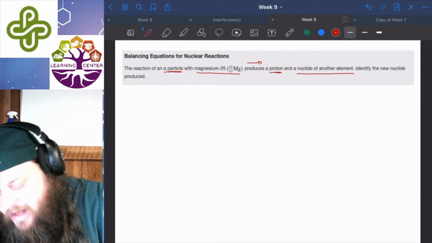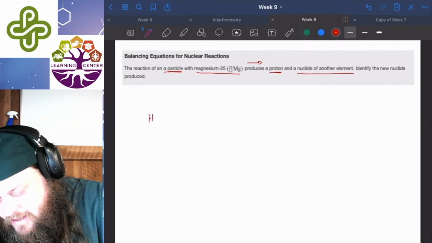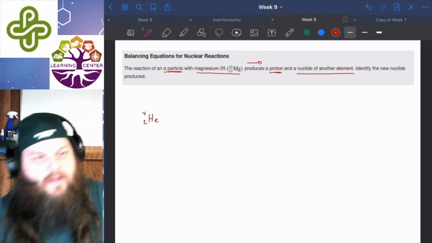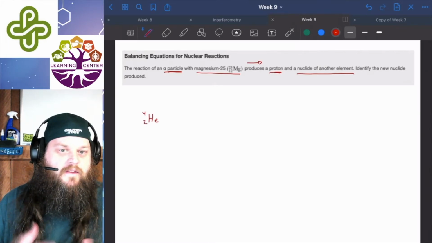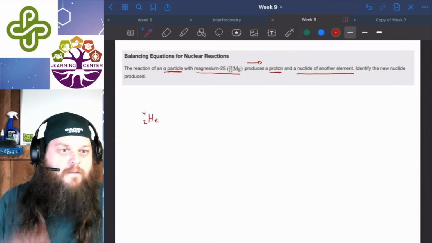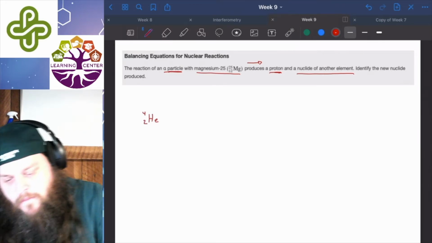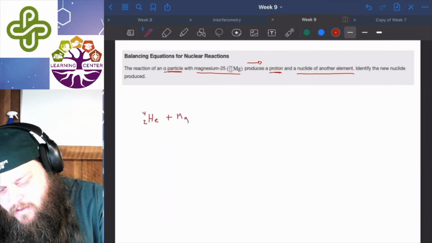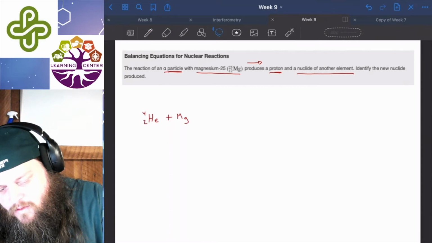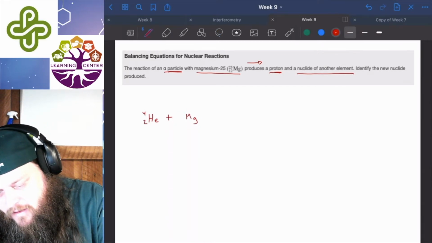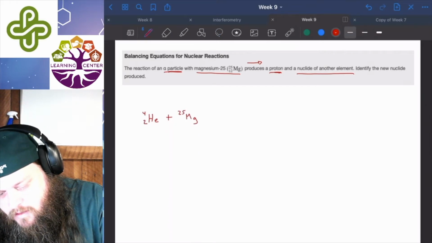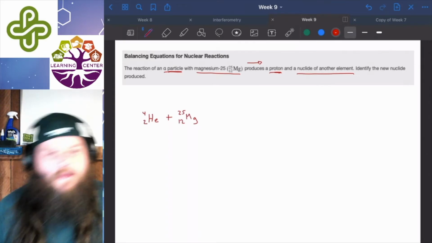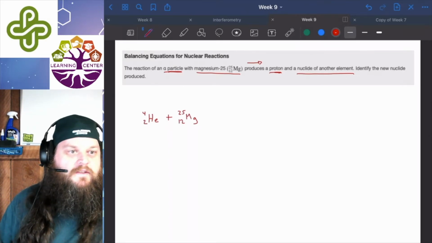I know there's an alpha particle. Alpha particle is a helium-4. So helium has 2 protons and then 2 neutrons, giving it a mass of 4. I know that's reacting with magnesium. Magnesium is Mg, and they even tell us here it's 25, 12. So magnesium-25 has 12 protons in its nucleus.